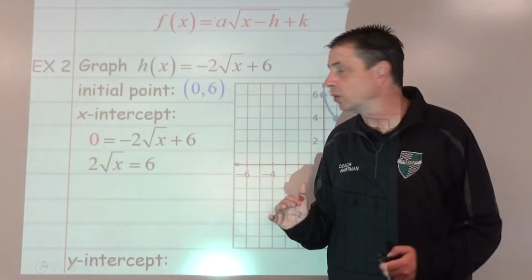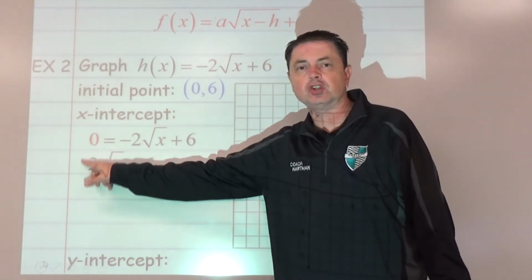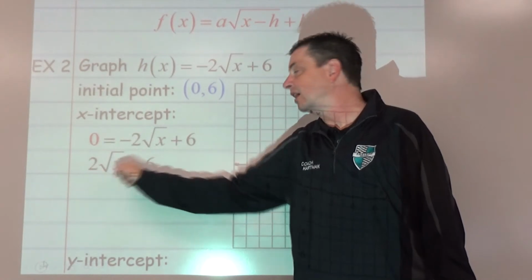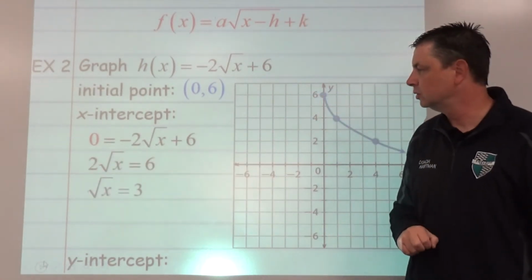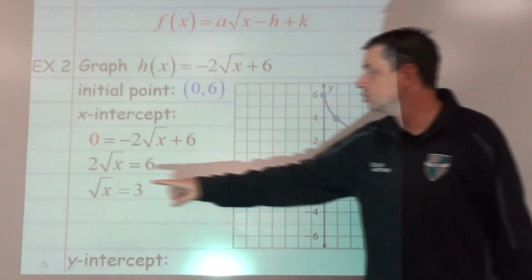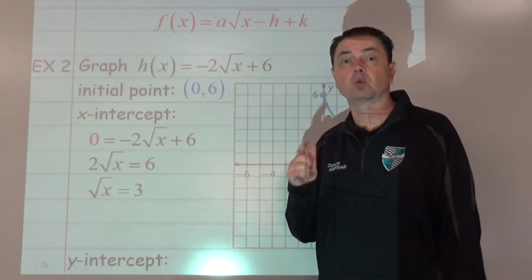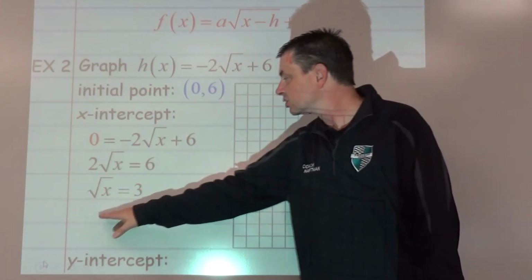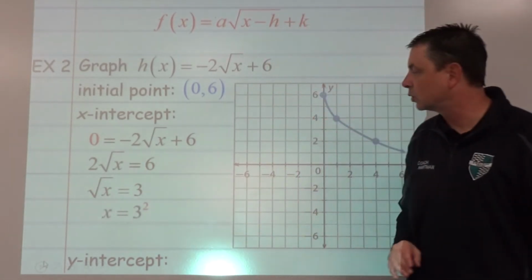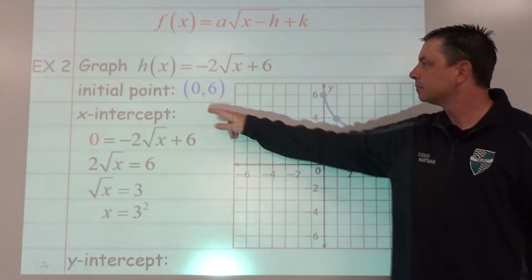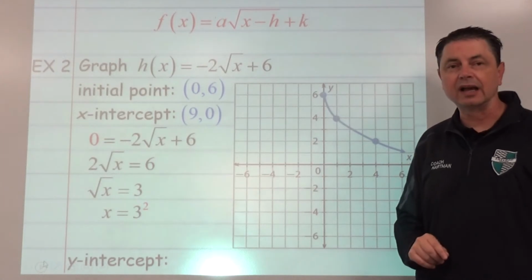So we still want to isolate, so let's get rid of this 2. We're going to divide both sides by the 2. And then to undo the square root, we'll do the inverse function. We will square both sides. So we get x equals 3 squared. That's 9. So our x-intercept is 9, 0.